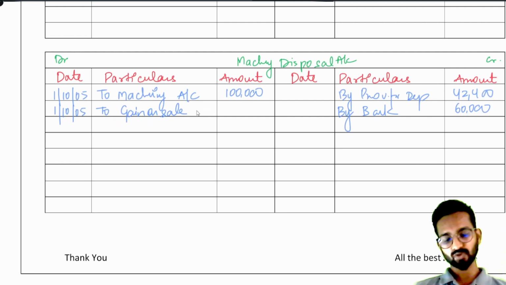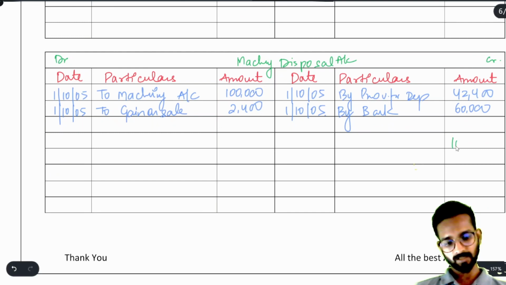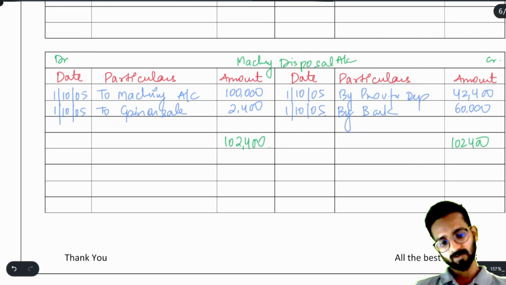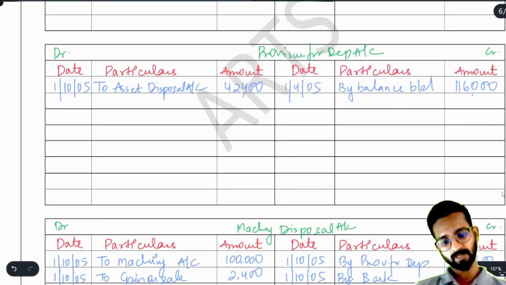Remember, in the machinery disposal account, the dates will be the same for everything because everything is happening on one particular day, right? Gain on sale is 2,400. Therefore, the account will tally at 102,400.